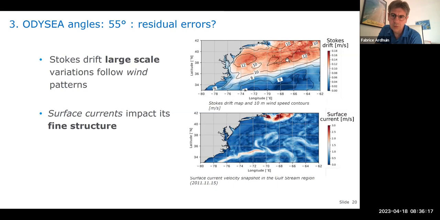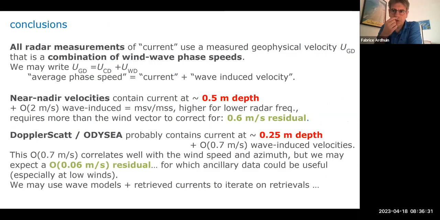These small-scale modulations would be of the order of 1 or 2 centimeters per second. There's something interesting that could be done, maybe to try to correct for that or not. So yeah, back to my conclusions.